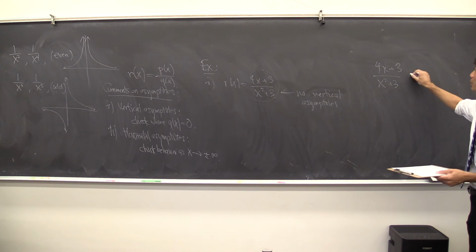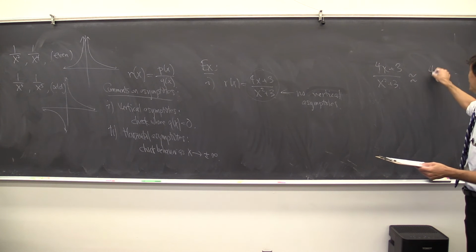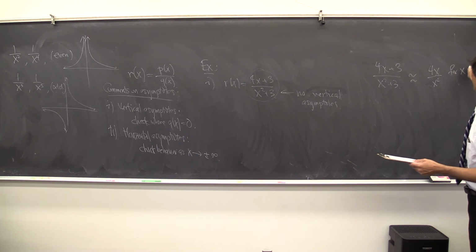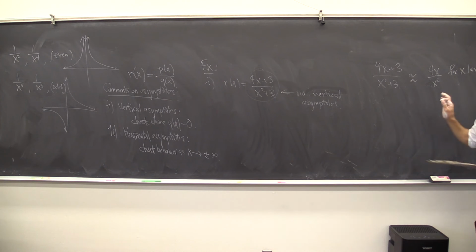So morally speaking, it's going to be 4x over x squared for x large. And that 4x over x squared is just 4 over x, and for x large, that's basically 0. That's how you really want to think about it.